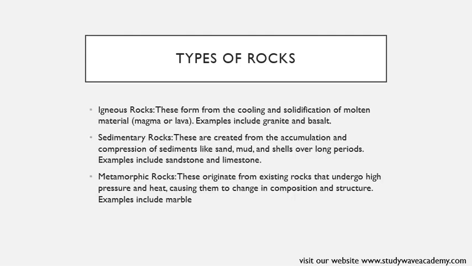They start as other types of rock but get heated and squeezed, which changes them to something new. It's like baking a new cake from an old recipe. So these are the three main types of rocks: igneous rocks, sedimentary rocks, metamorphic rocks.